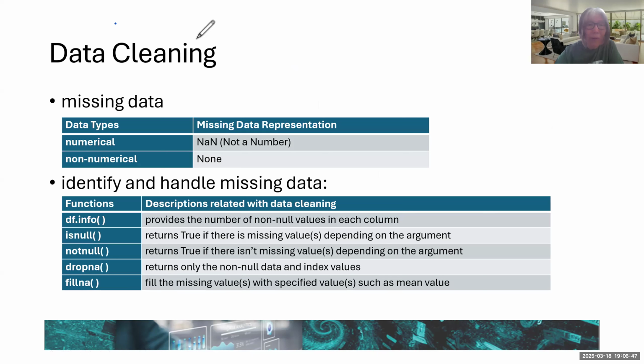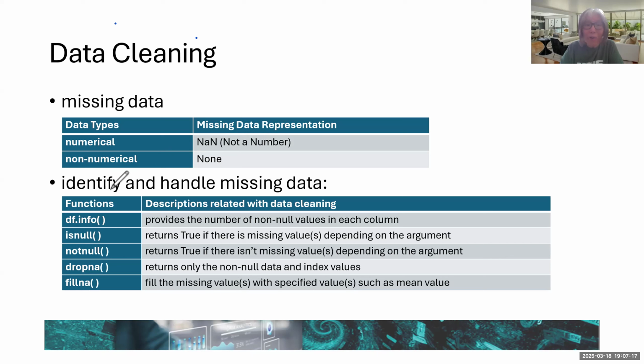Okay, and here it provides us the data types for missing data, as well as some functions to identify and handle missing data. Okay, for numeric data, the representation is NaN. We already saw that. Okay, it's an abbreviation for not a number. And for non-numeric data, the representation is None.